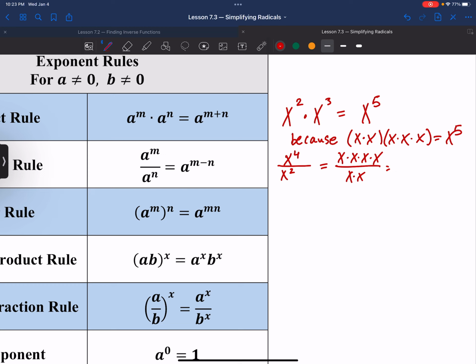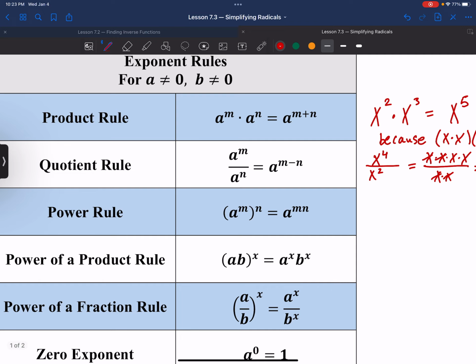And you can kind of think about x divided by x, so some of these cancel, or divide out to 1. And so I'm left with x times x, which equals x squared, which incidentally is x to the power of 4 minus 2. So whenever you divide, you subtract the powers.